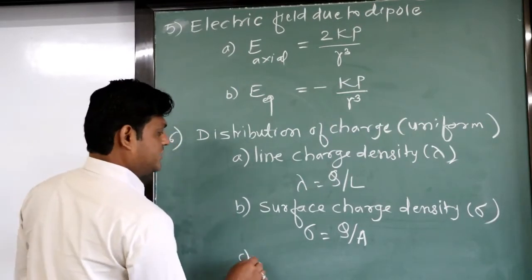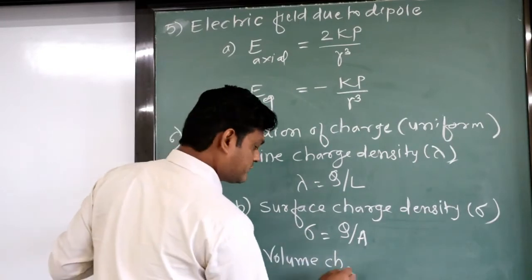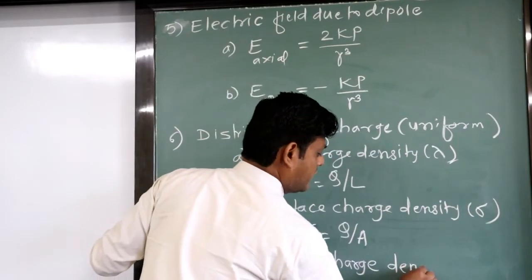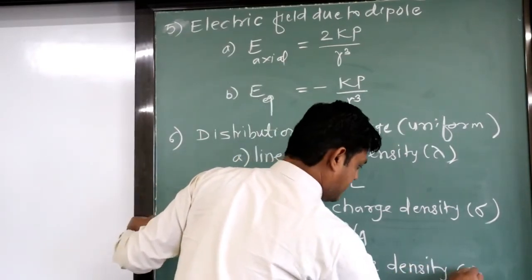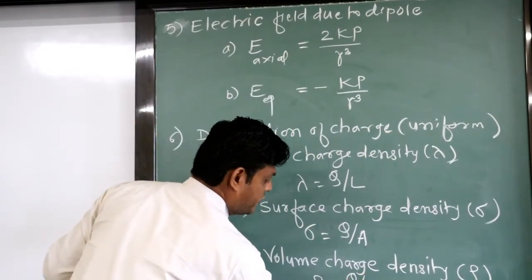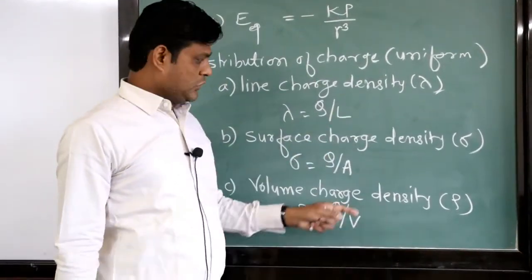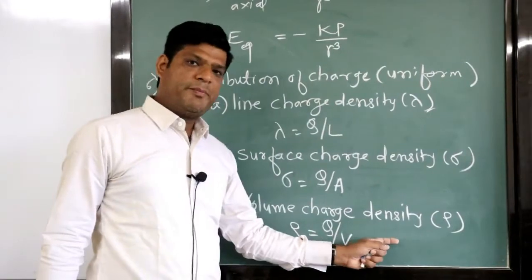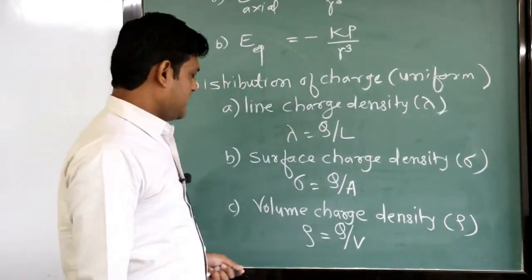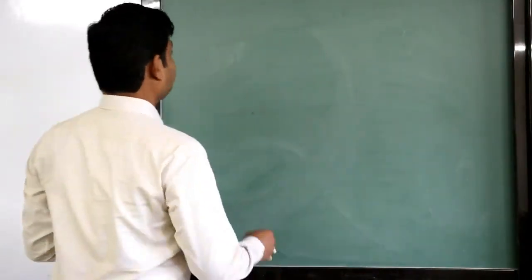And the third one, that is volume charge density, denoted by letter rho, and that rho equal to charge per unit volume. We know the SI units: coulomb per meter square, coulomb per meter cube, and we calculated the dimension formula, right? Next, we are going to study electric flux.